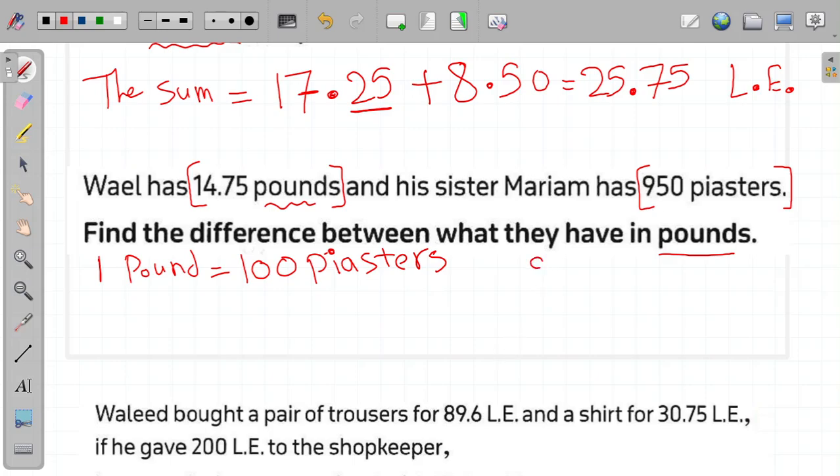So 950 piasters equals, I will divide here over 100, so it will be 9.5. But why? Because I have here the decimal point, so I will move the decimal point 2 moves to the left, so it will be between 9 and 5. So Mariam now has 9.5 pounds.